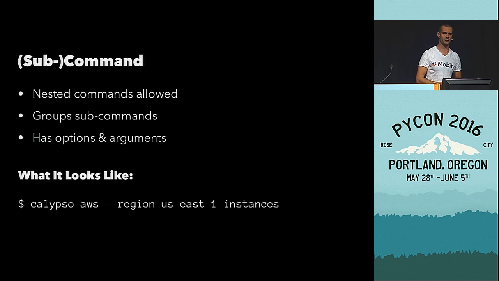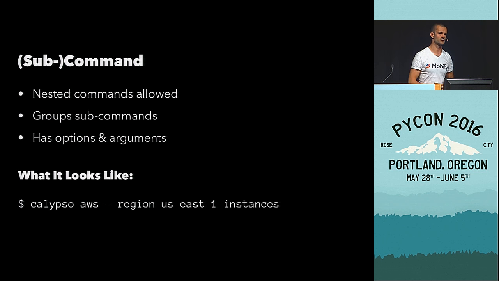So commands, or subcommands, is the other thing that I want to define first. One of the great benefits of Click is basically nesting of commands, providing a little bit of modularity within the command line interface so that not all the options are at the top level.